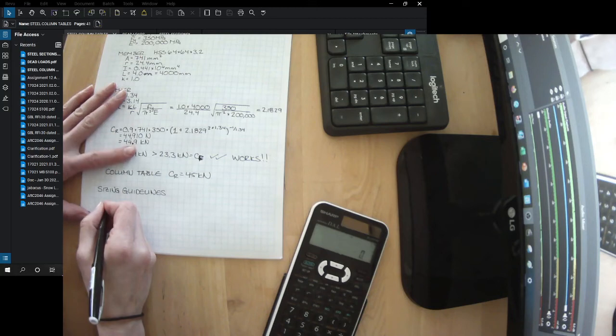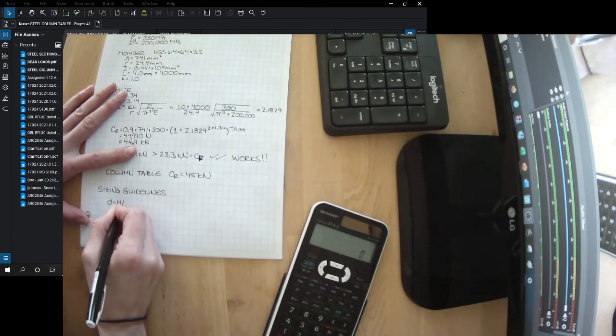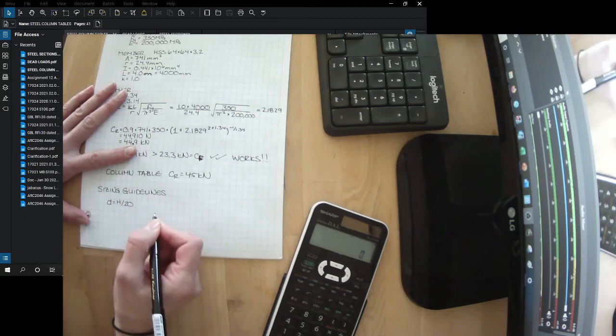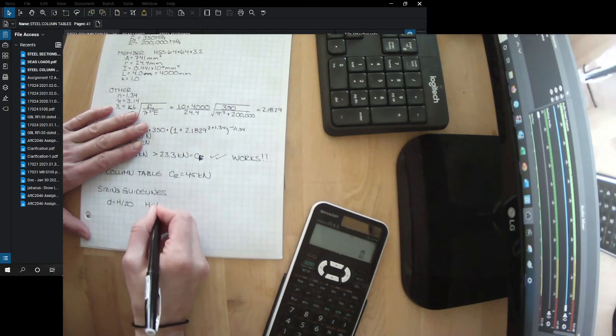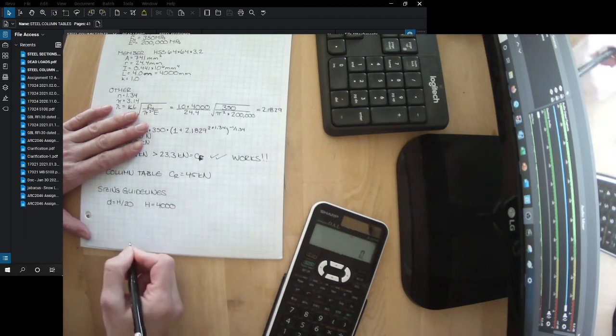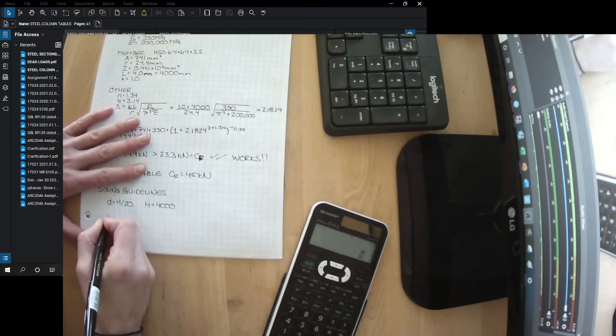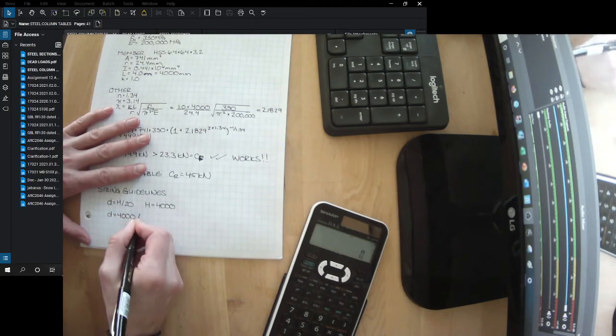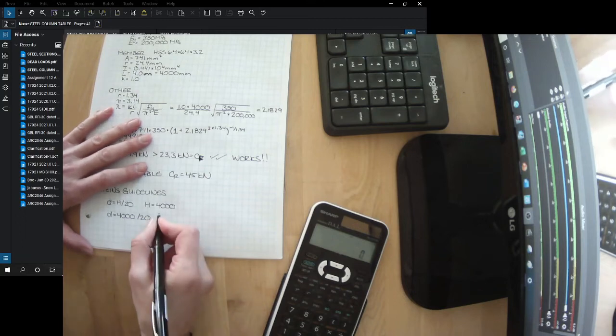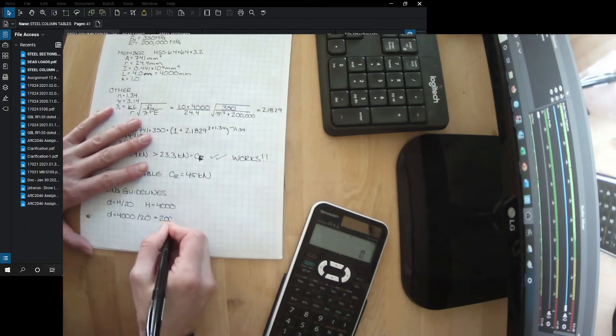So sizing guidelines for a column is D equals H divided by 20. Our height was 4 meters. Remember, this is what we worked out last term. This is the sort of thing we worked on. 4,000 divided by 20 equals 200.